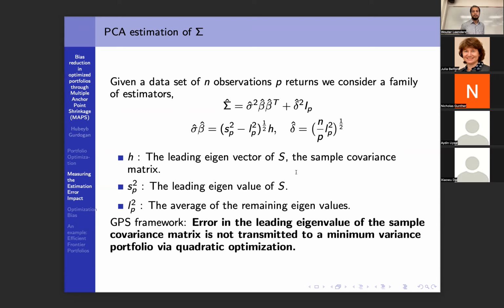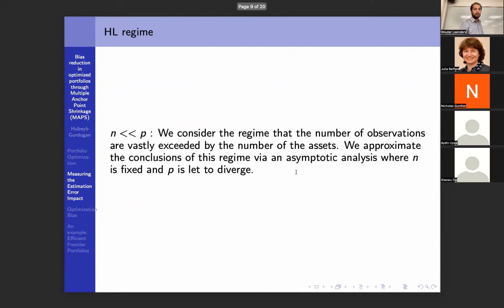Yeah, I should have mentioned this. The GPS framework is also working in the HL regime that I'm now going to explain. These results are all in the HL regime where the number of observations is exceeded by the number of returns.